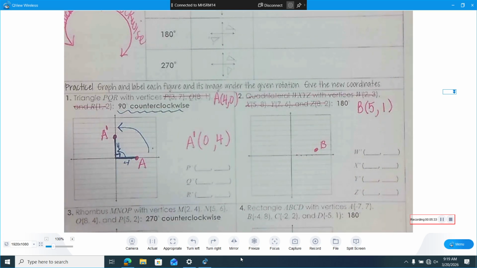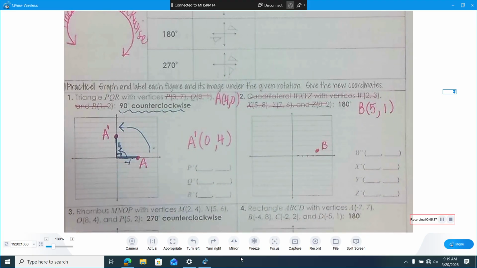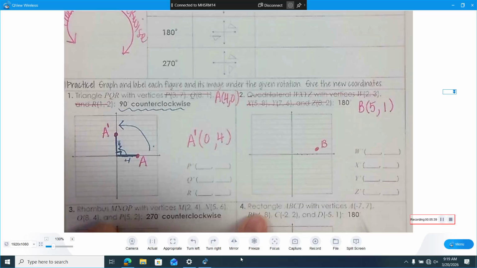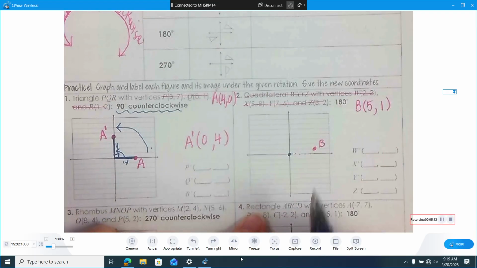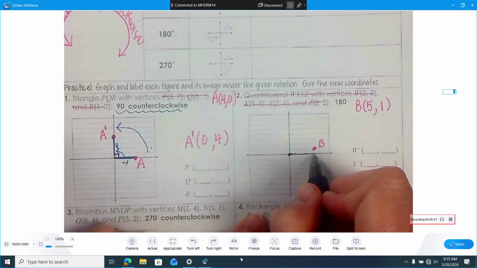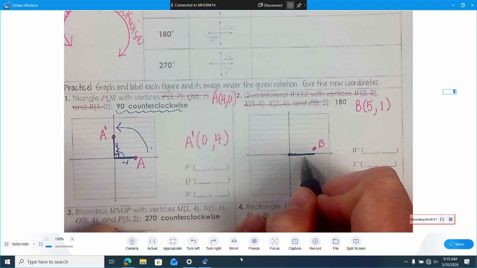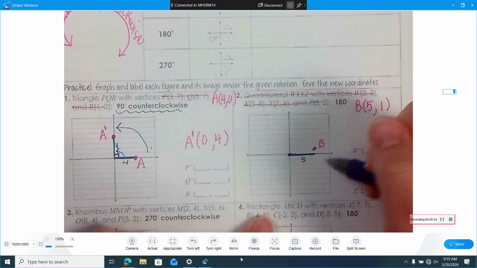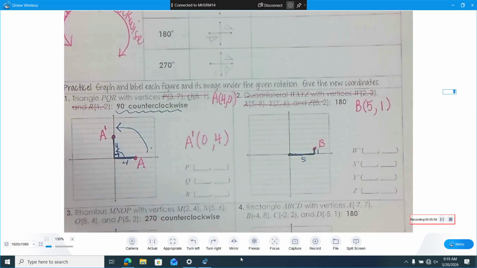But again, I want to think about a little stick that's holding on to my point, okay? So this stick, however, starts at the origin because that's my center of rotation. And my stick now has a different sort of shape. It's now an L shape. So it has a length of 5 to get there, and to get to point B, I have a little L shape that has a length of 1.